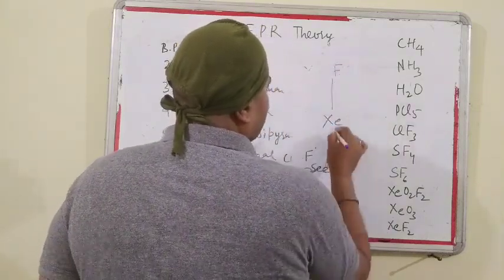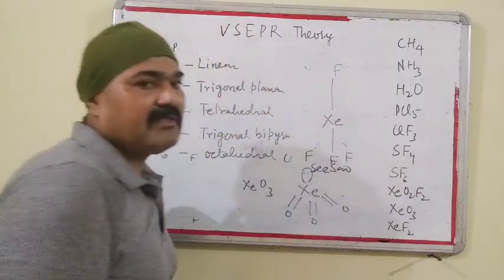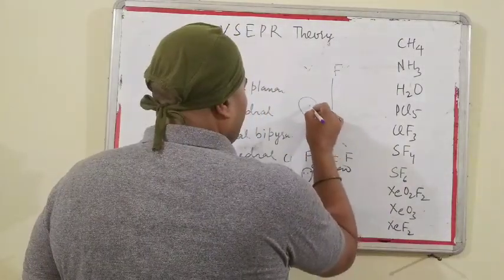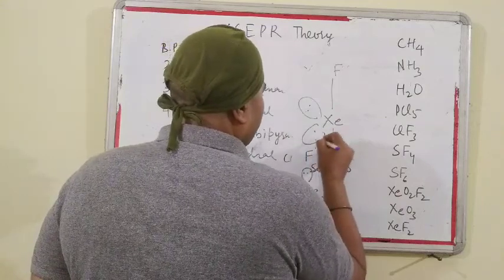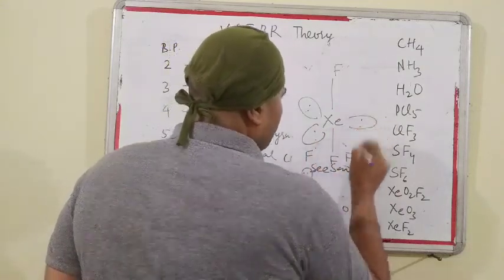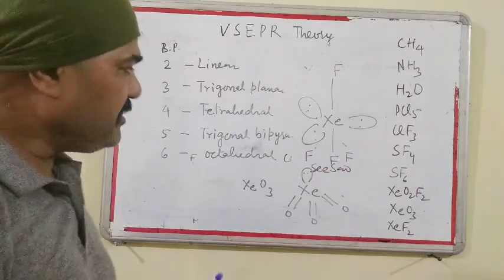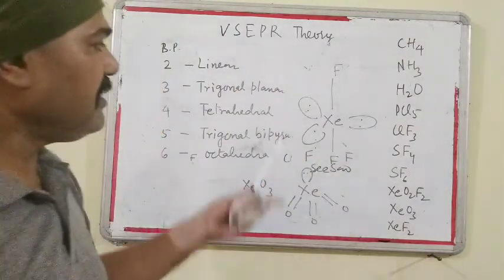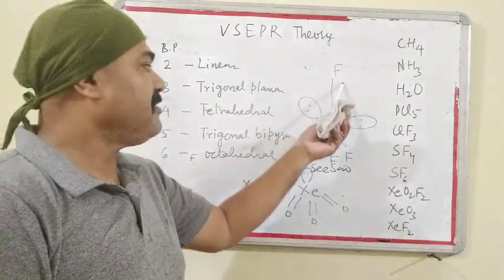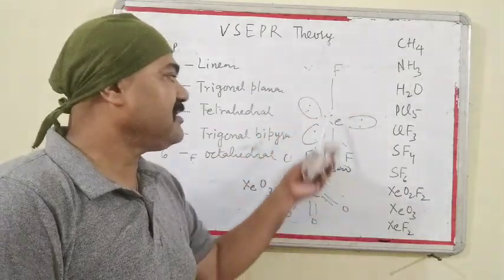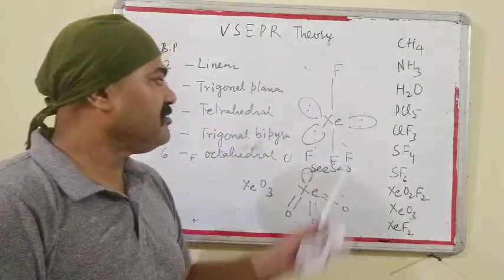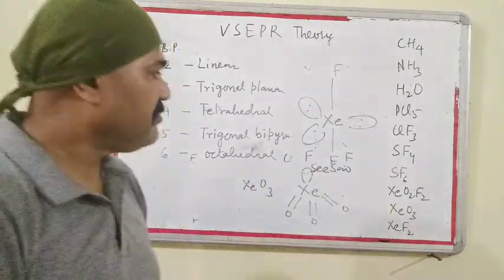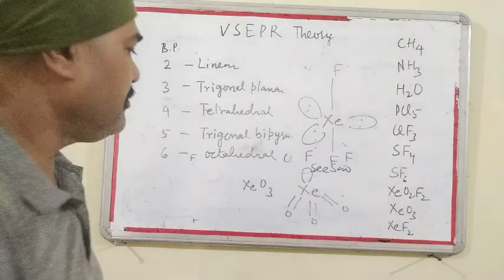How? These 2 fluorine atoms are in this way, and the 3 lone pairs are found at equatorial positions to make the least repulsion among the bond pairs and the lone pairs. So now we know very well that the shape is decided by the bond pairs only. So the shape is linear for HCF2.